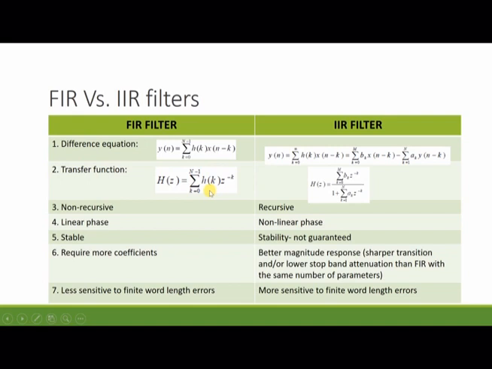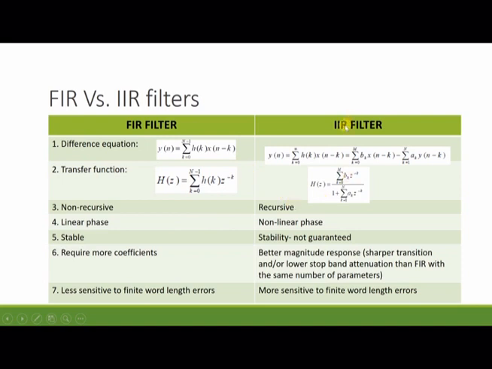Therefore, all the poles of the system will appear at z equal to 0, that is at the origin in the pole-zero plot, which indicates poles for an FIR filter will always reside inside the unit circle, and it will guarantee the stability of the FIR filter.